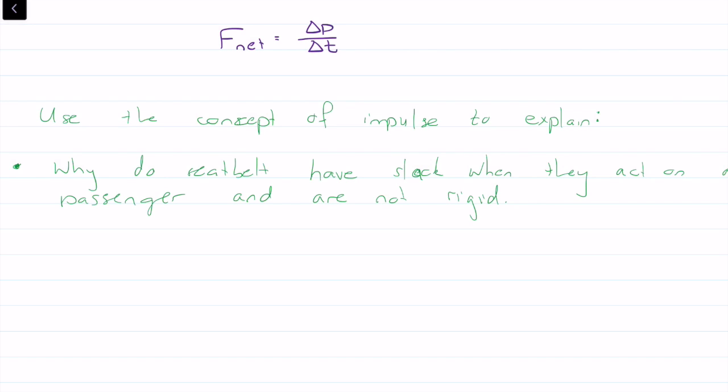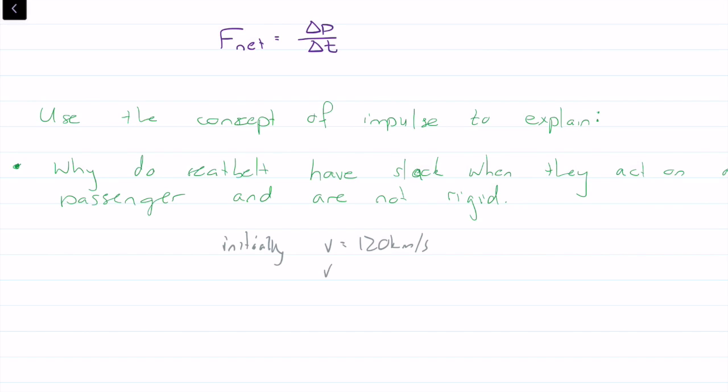This isn't a design flaw, but rather it has been designed this way for a specific reason, and we can use impulse to explain this. Let's say you're traveling at an initial velocity of 120 kilometers per hour.